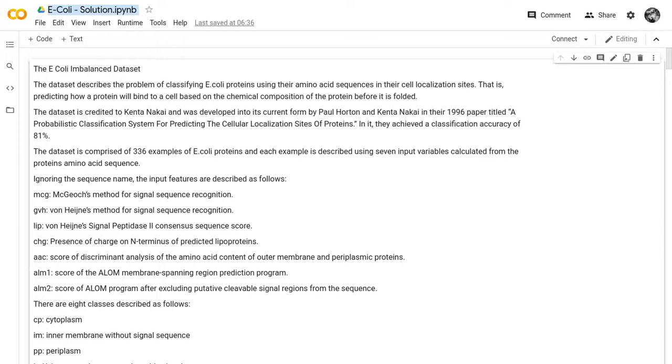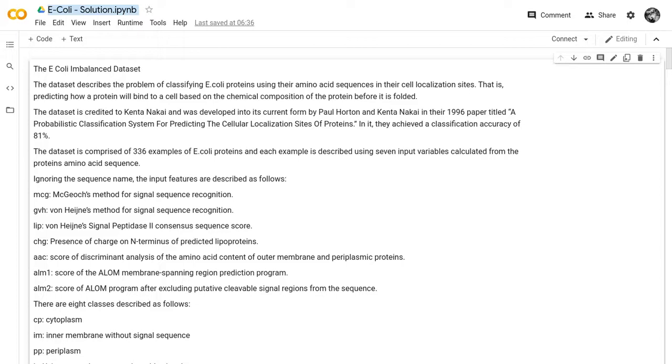So this is what I copied from Jason Brownlee's website, just a little paragraph. The data set describes the problem of classifying E. coli proteins using their amino sequences in their cell localization site. That is, predicting how a protein will bind to a cell based on chemical composition of the protein before it is folded.